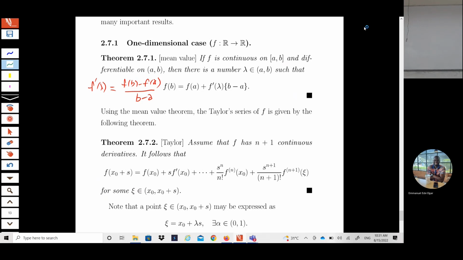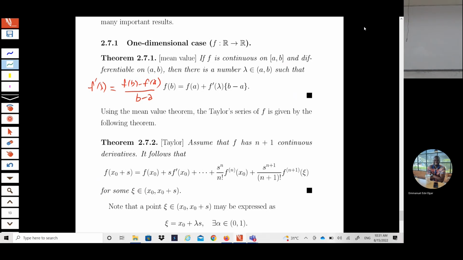We cannot write it in this form, because this notation is only valid for scalar variables. When we want to extend this to the vector case, we cannot use this notation.